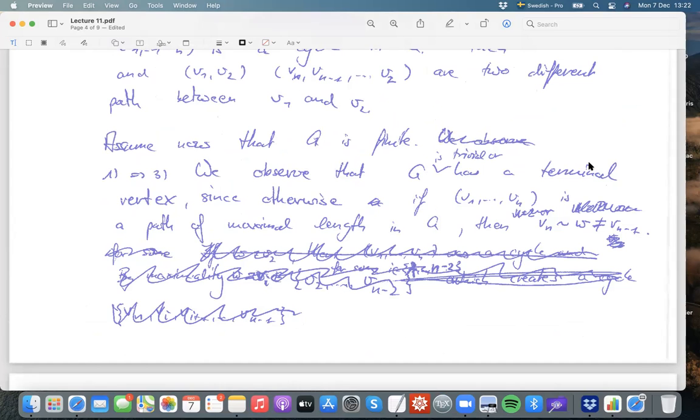Let us look at the path of maximal length in our tree.